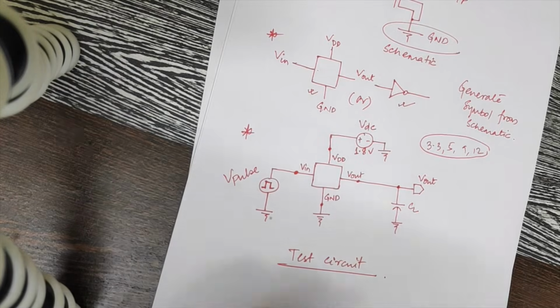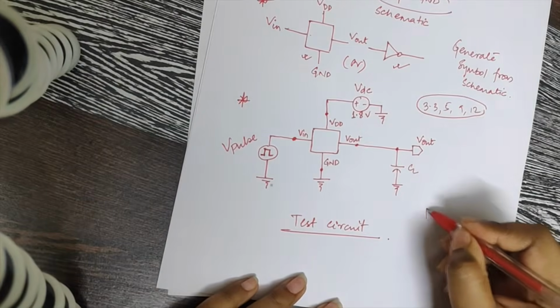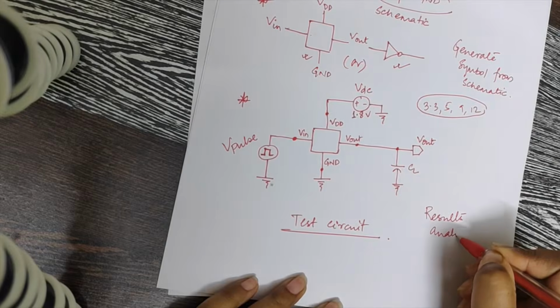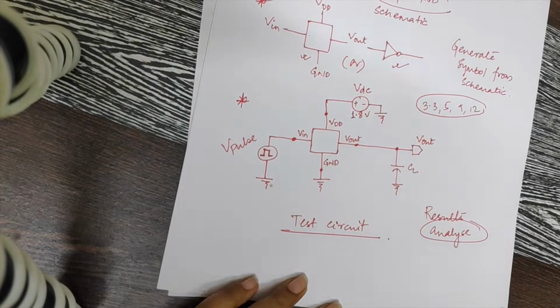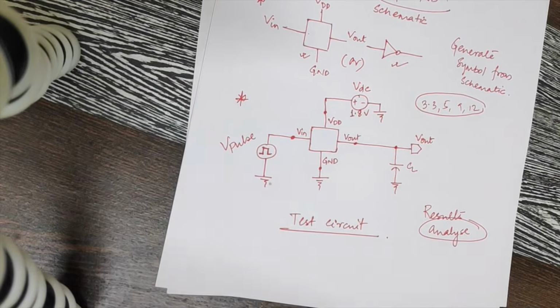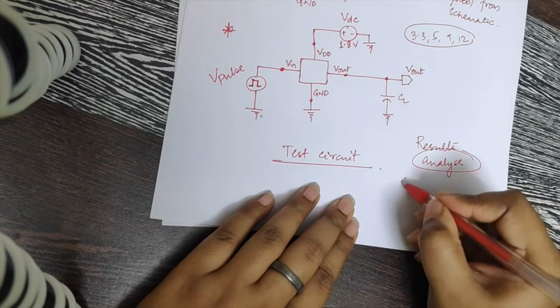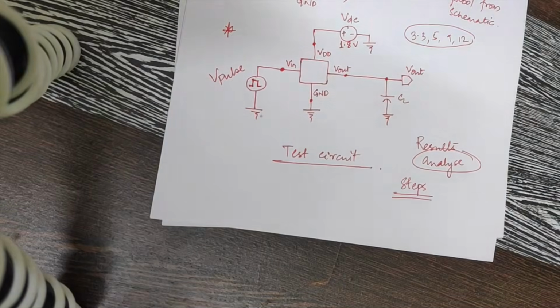Next, after this realization, you will get some results that we need to analyze. This will be taken care of in the next lab, wherein I will show you the whole tool and I will give the steps. So in our next lab, we are going to design this inverter.